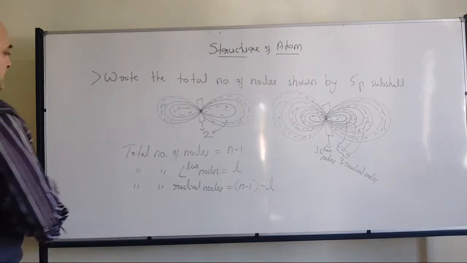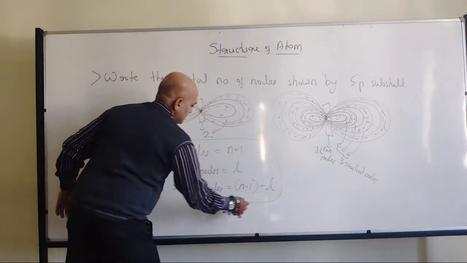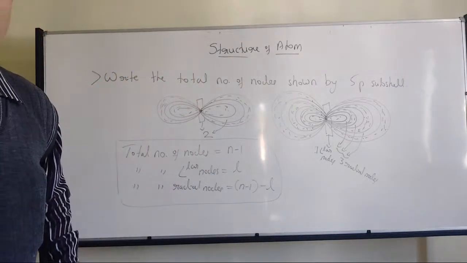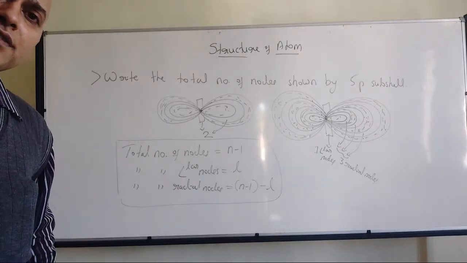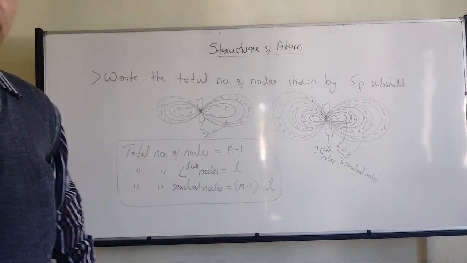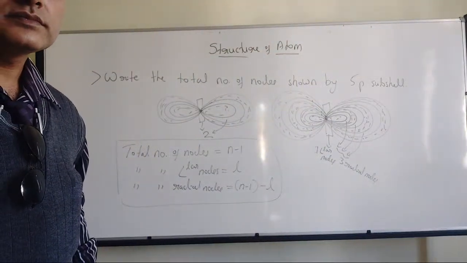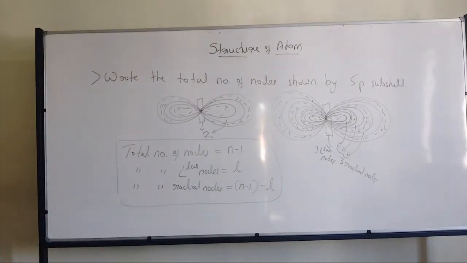This is the equation which you should remember, which you can use for your examination. Short form. All of you have understood? Any doubts in this? So it will be n minus 1 minus l.